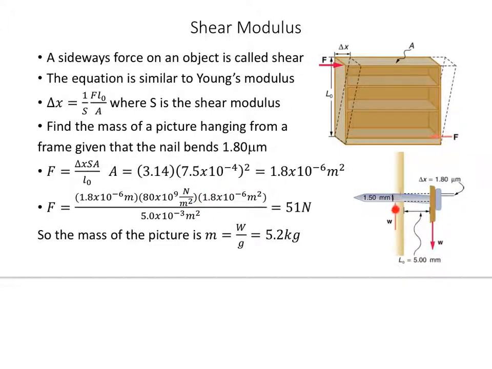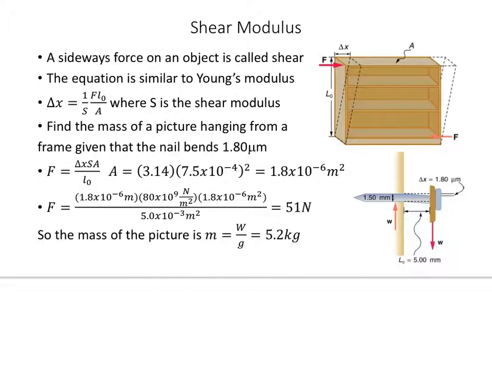You can see right here that the nail has a diameter of 1.5 millimeters. So we've got to compute the cross-sectional area. Pi, the radius, is 7.5 times 10 to the negative 4 meters. So that's got to be squared. So the cross-sectional area is 1.8 times 10 to the negative 6 meters squared.